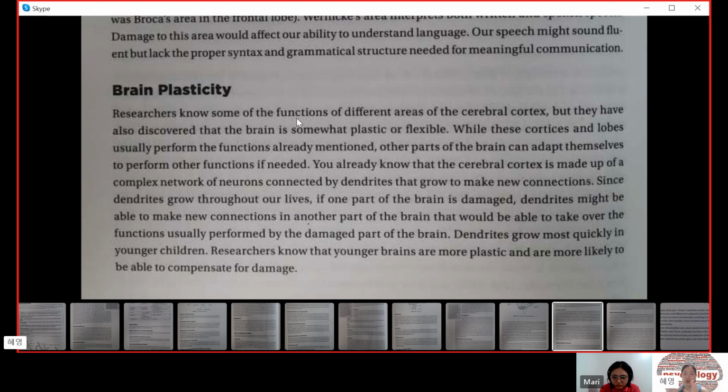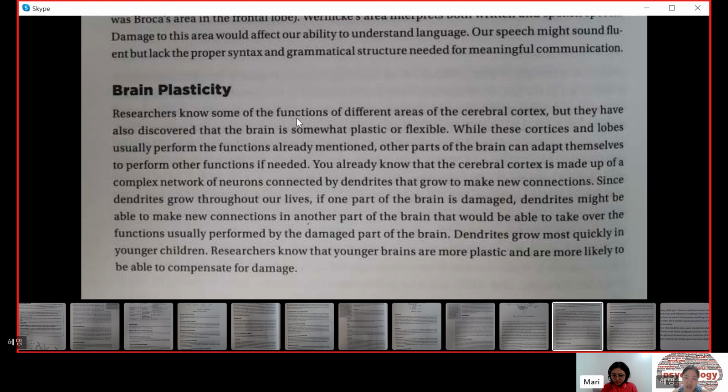So you already know that the cerebral cortex is made up of a complex network of neurons connected by dendrites that grow to make new connections. Since dendrites grow throughout our lives, if one part of the brain is damaged, dendrites might be able to make new connections in another part of the brain that would be able to take over the functions usually performed by the damaged part.